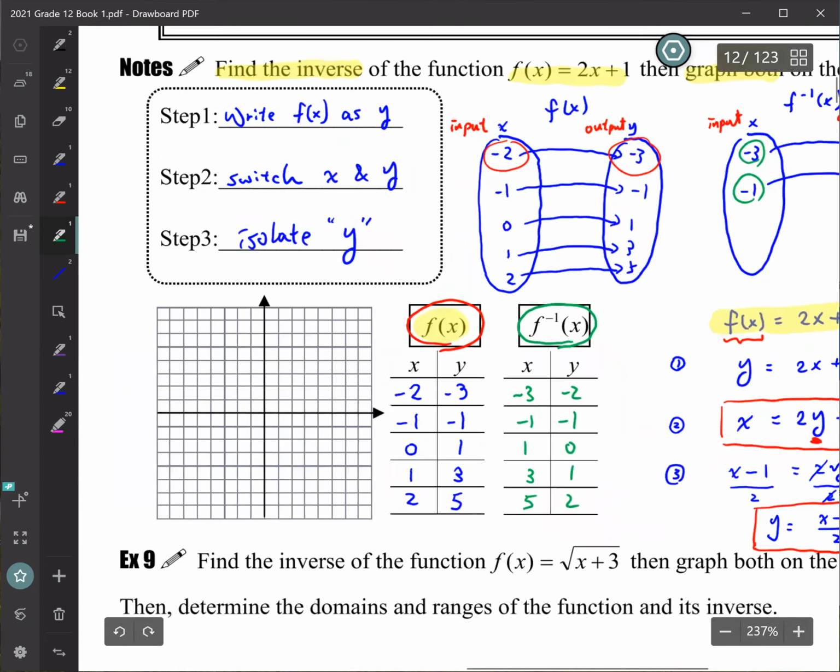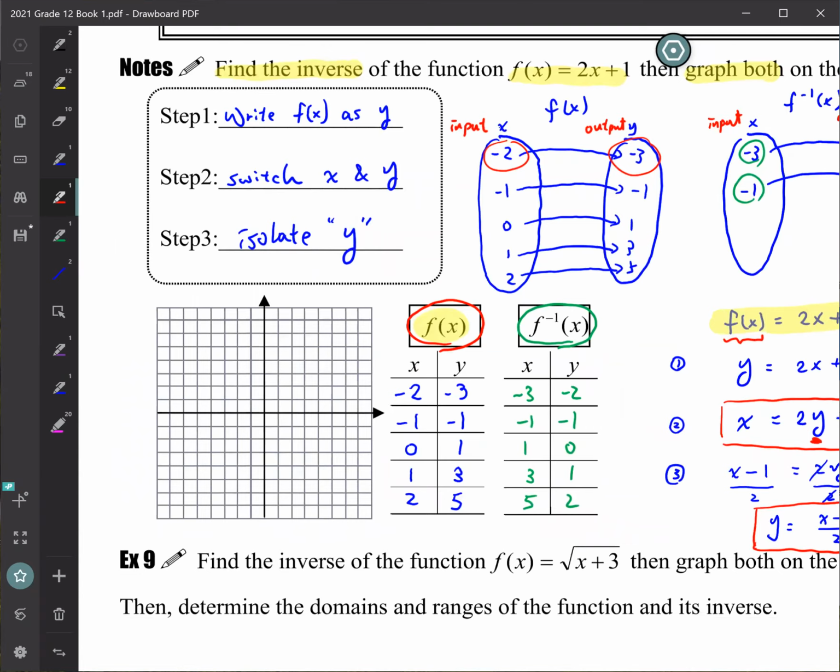So for the inverse, we'll use the green color, right? If you have 2 colors, you can use that. It will be easier to read later. For the original, I'll use red, okay? So -2, -3. So that's our first point. For the original, -1, -1 will be here. 0, 1, right?